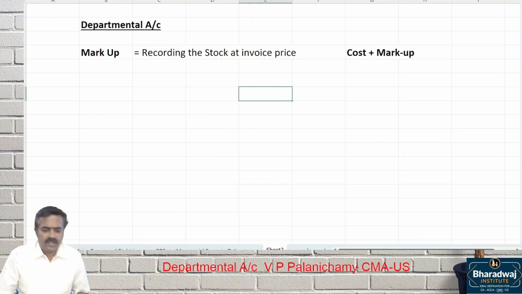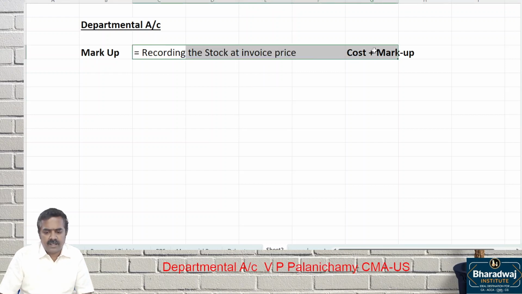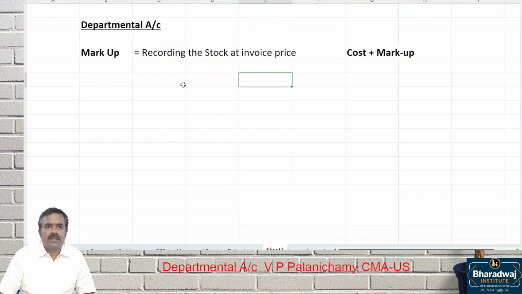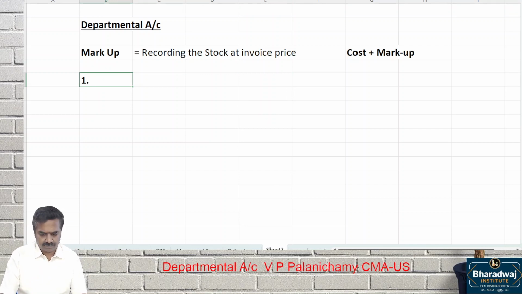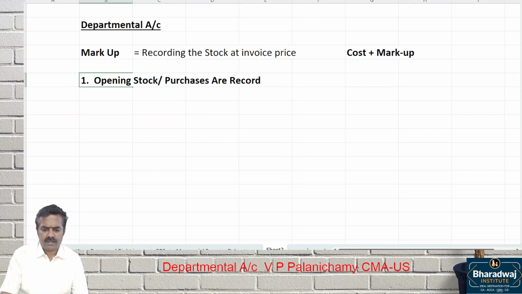Recording the stock at what price? Invoice price. Cost plus which one? Markup. Number 1. Opening stock or purchases are recorded at cost plus markup. For your reference, you can take it as normal selling price or invoice price.